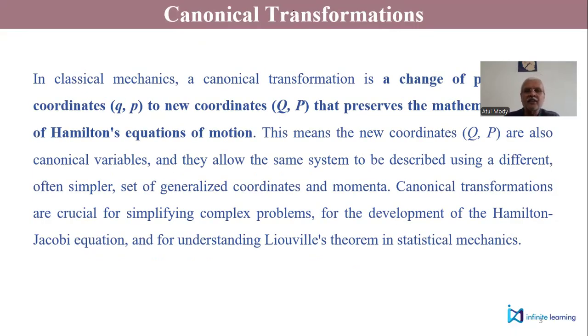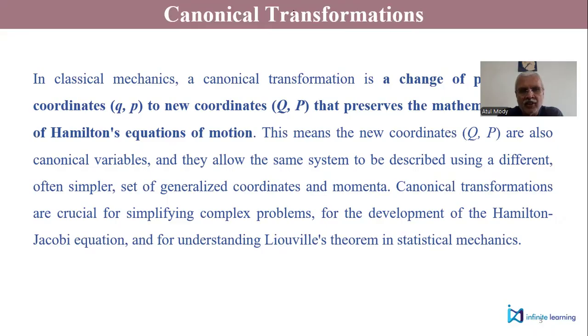So basically in classical mechanics, to solve a problem, we find the solution of a differential equation, be it Newton's equations of motion, Lagrange's equations of motion, or Hamilton's equations. But there is also another technique in which we simply transform the coordinate system from an old coordinate system to a new coordinate system that preserves the mathematical form of Hamilton's equations of motion.